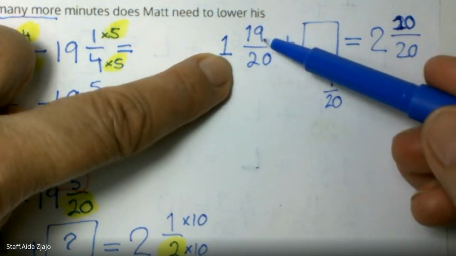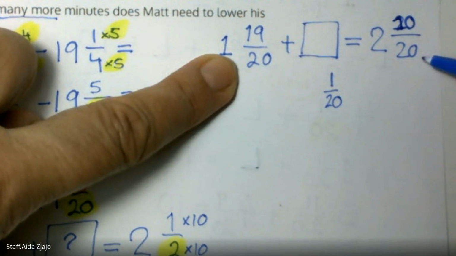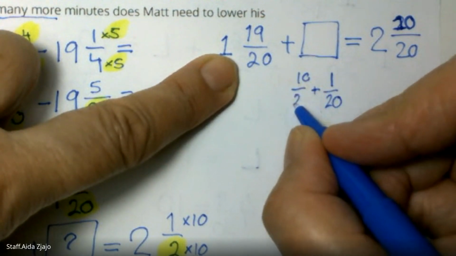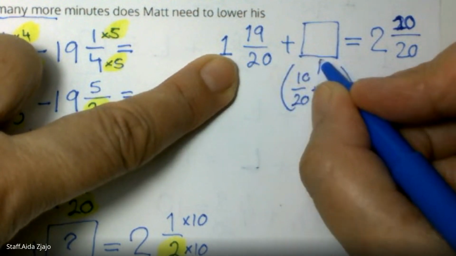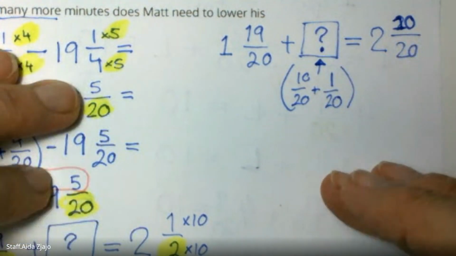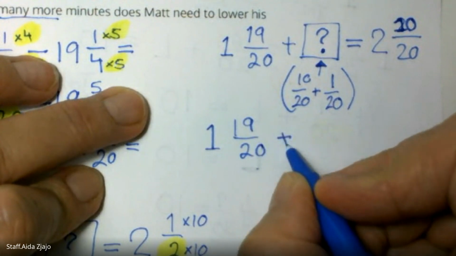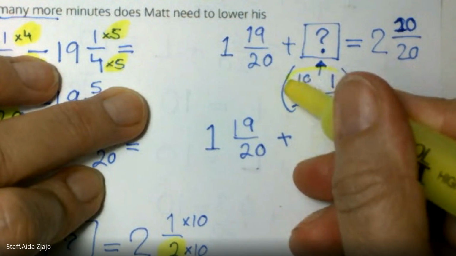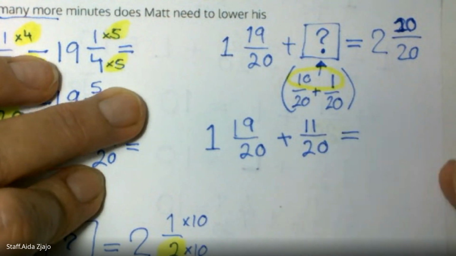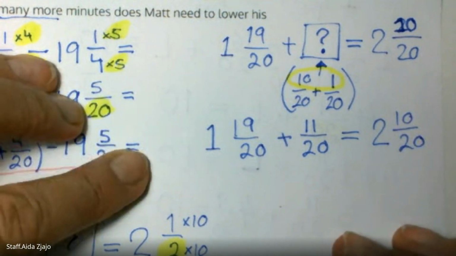Here we have 2 wholes and 10/20, so to this part I also need to add 10/20 to get the unknown number. Let's check: 1 whole, 19/20, plus 10 plus 1 is 11/20, must equal 2 wholes and 10/20. Let's see if that's true.